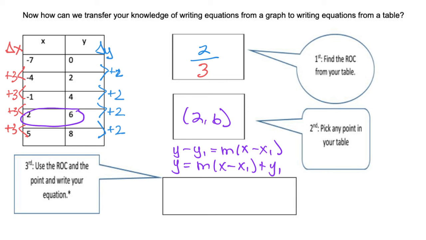You can write it either way. So y minus our y value equals our slope, and then x minus the x value, which was 2 in this case. And again, if you want to see that written out, it is not a bad idea to remind yourself that an ordered pair is (x, y).